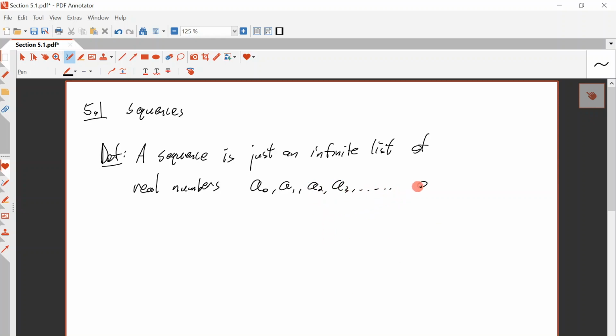Or, it doesn't have to start at A0. It could be like A1, A2, A3, so on and so forth.